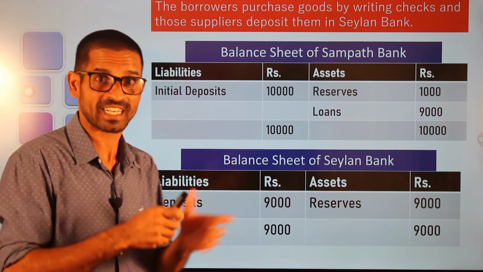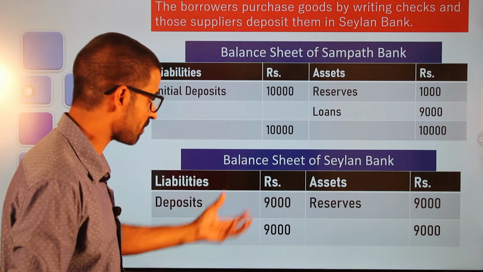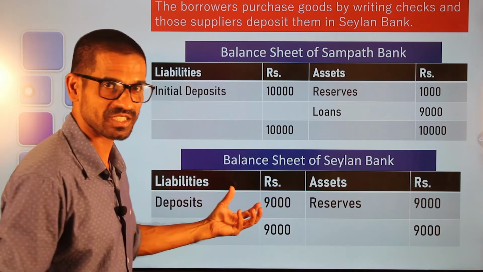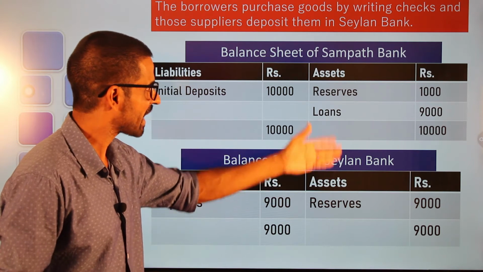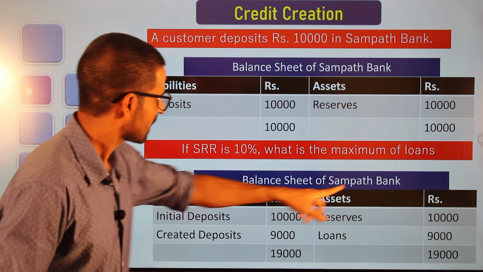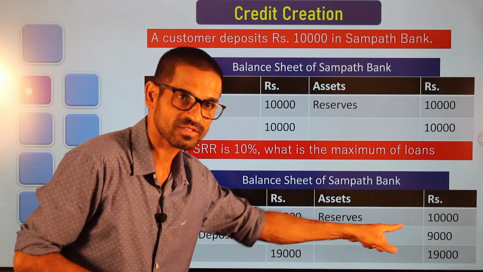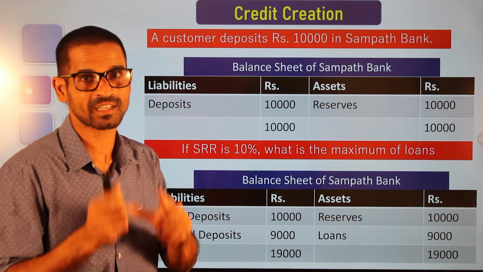And then through the check clearance, by presenting these checks to Sampath Bank, Ceylon Bank will acquire the reserve. Out of this 10,000 reserves, Ceylon Bank will acquire 9,000.